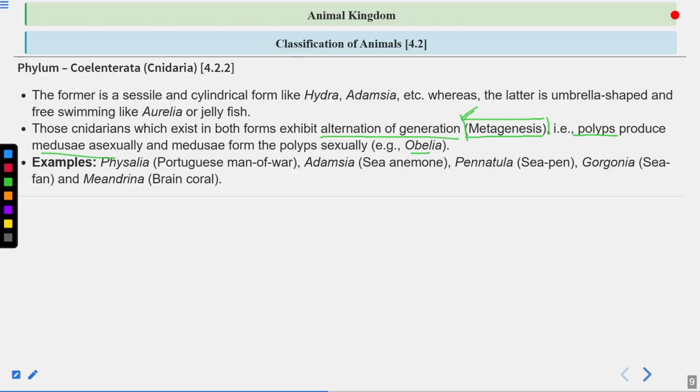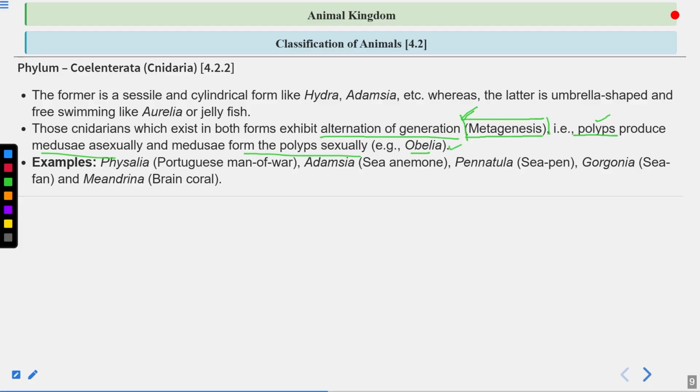When the polyp gets mature, it produces the medusa stage asexually, and the medusa forms the polyp sexually. So these are the stages that alternate. First polyp will come, then comes the medusa, and the medusa will give again the polyp stage. Then again medusa, then again polyp. So this alternation of generation goes on and on in the case of Obelia.